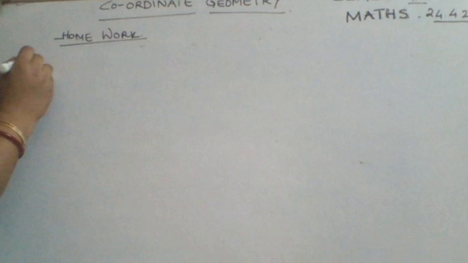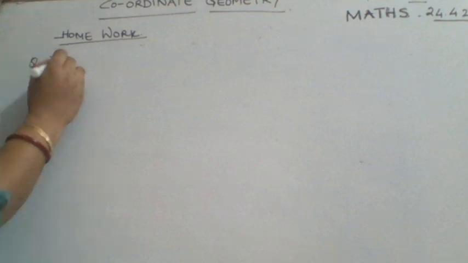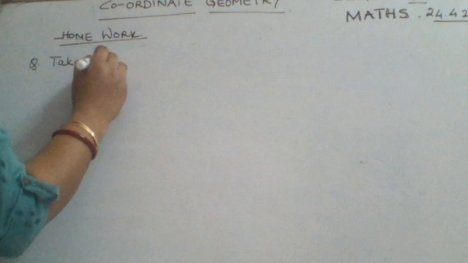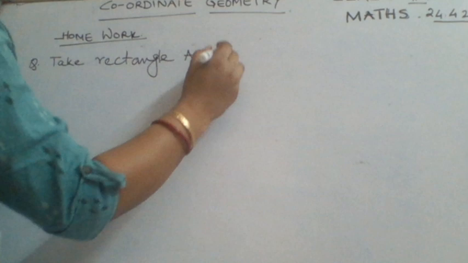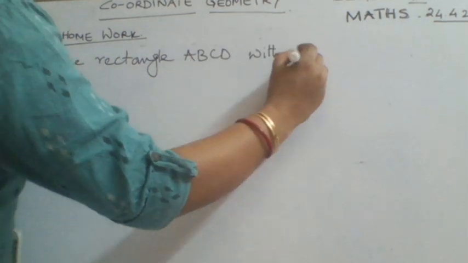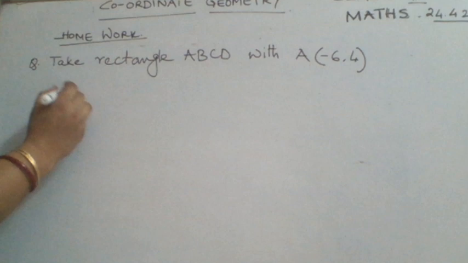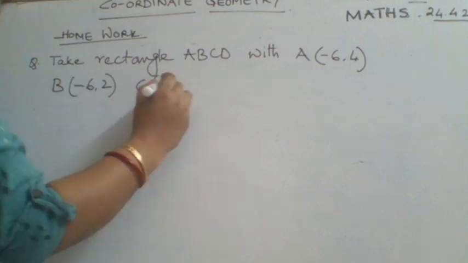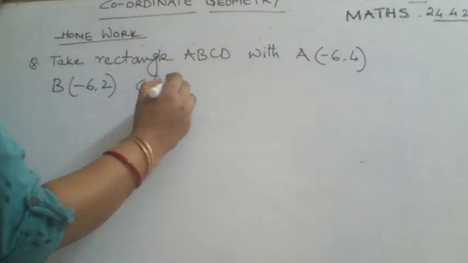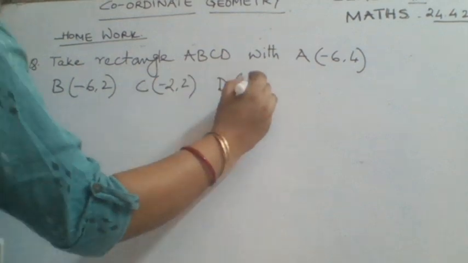Take a rectangle ABCD with A equal to (-6, 4), then B is (-6, 2), and C is (-2, 2), then D is (-2, 4).